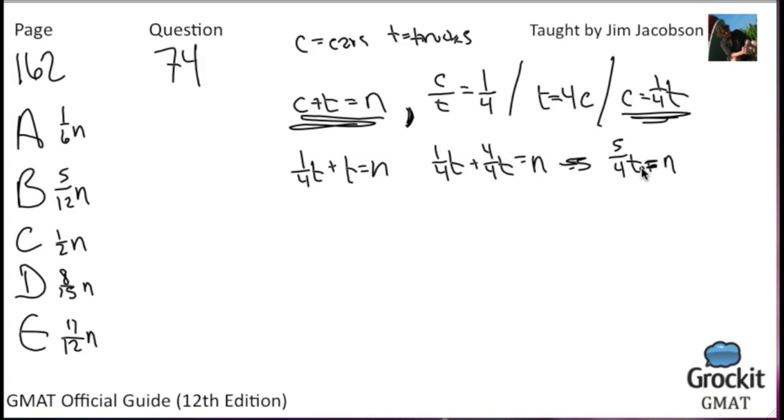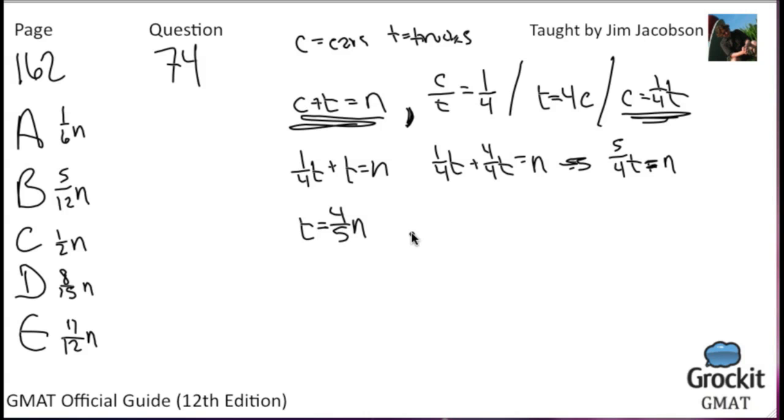Just to convert this in the other direction, we want the number of trucks in the lot. If 5/4 the number of trucks in the lot is the number of vehicles, we can just solve for T. T equals 4/5 N. So 4 out of 5 vehicles in the lot are trucks.